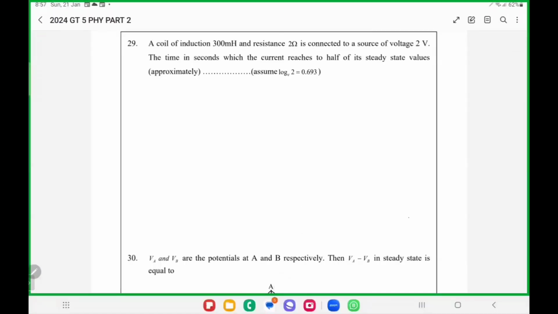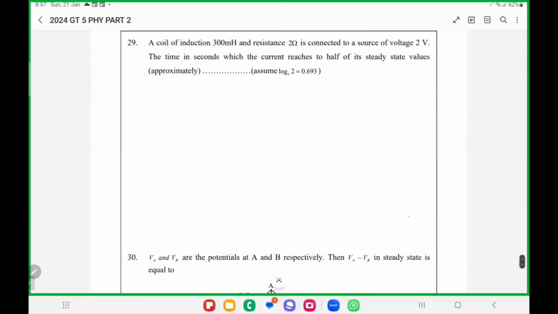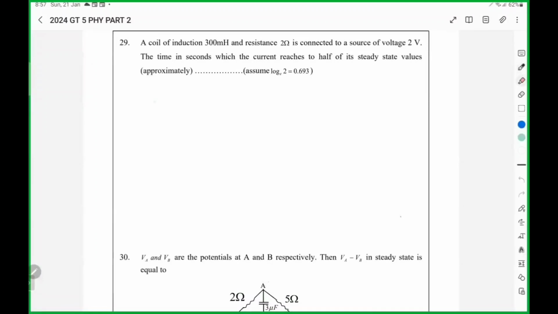Here, coil of inductance 300 millihenries and resistance 2 ohms. So here given resistance is equal to 2 ohms.